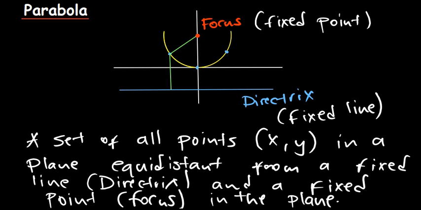It shouldn't be on the directrix. So this is a definition of what a parabola is: a set of all points that are of equal distance from a fixed line called the directrix and a fixed point called the focus in the plane.